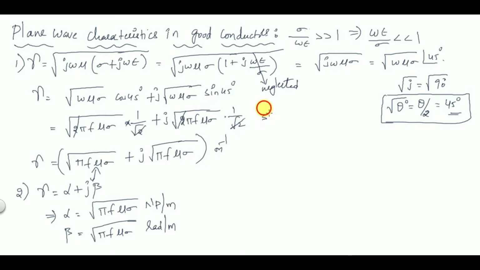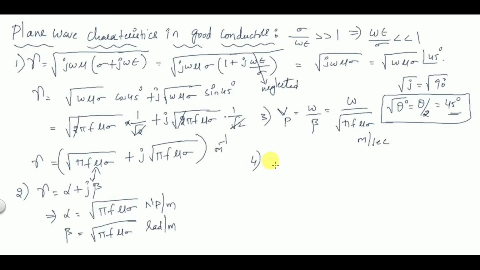Once you have this, you can find lambda and phase velocity. Vp is equal to omega by beta, so it is omega by root of pi f mu sigma, in meters per second.